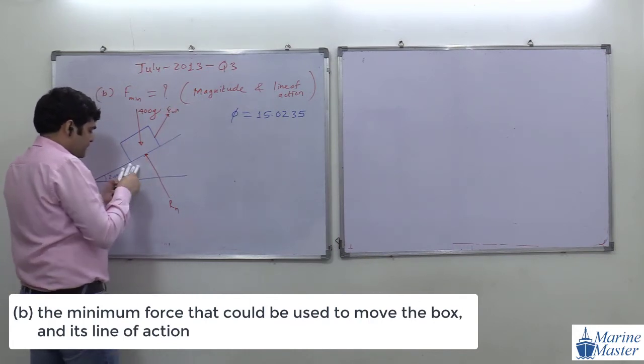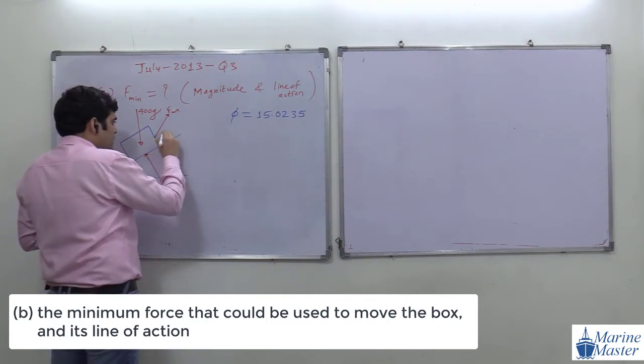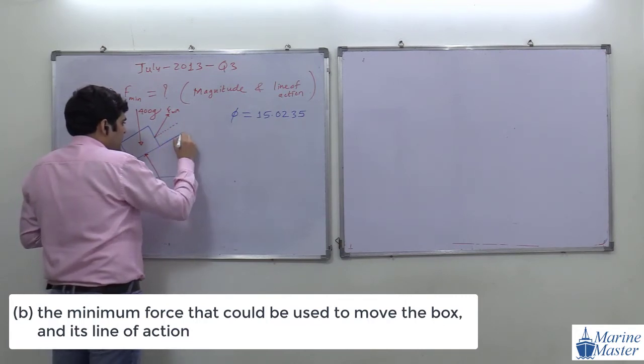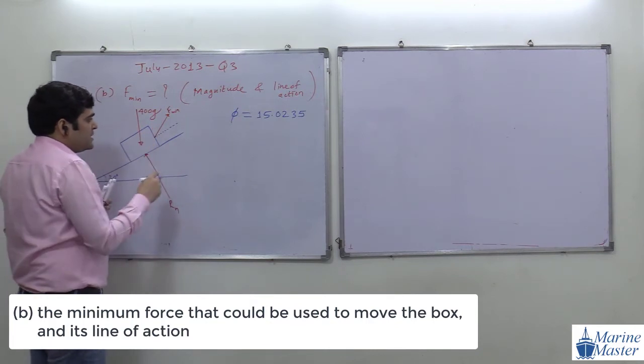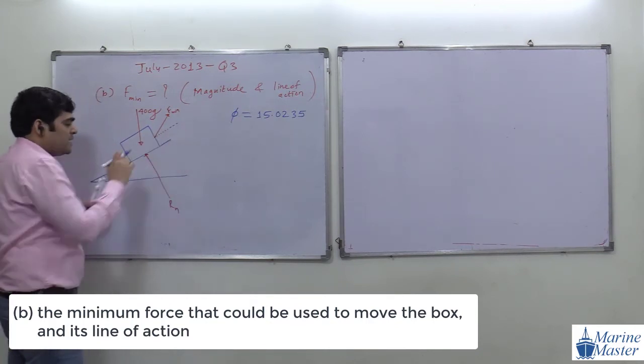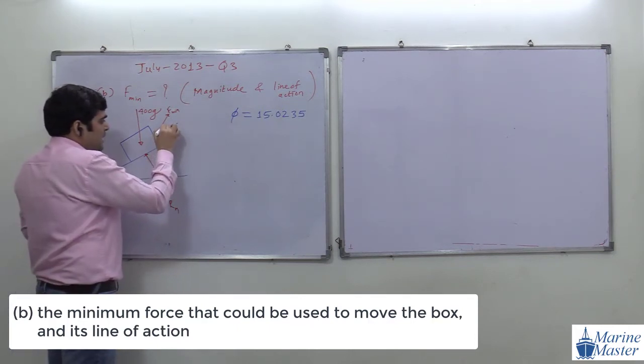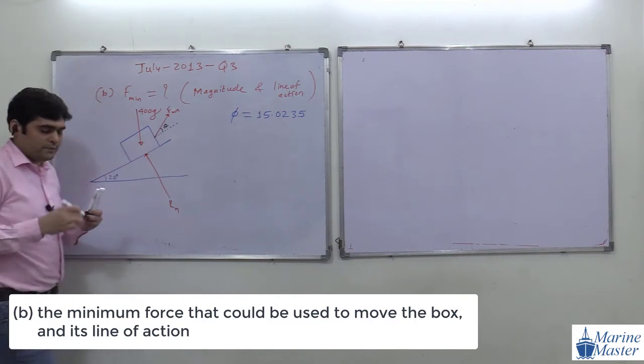Guys, see the point here. I am going to draw one dotted line. What is the speciality of this dotted line? This dotted line is parallel to the plane. What I am assuming? F minimum is making angle theta with respect to the plane.